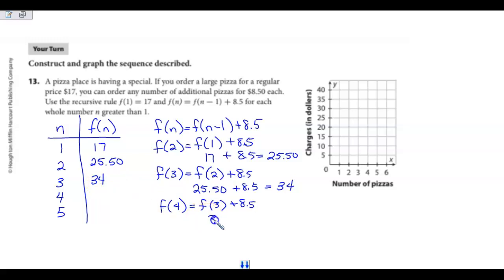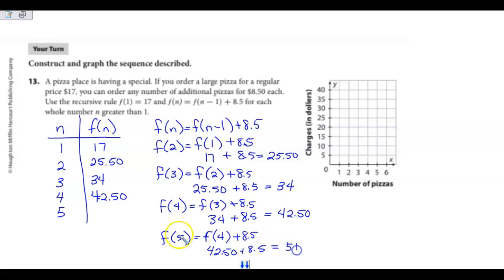Our third term was 34 plus $8.50. And we're going to get $42.50. And then our last term, which is the fifth term, 5 minus 1 is 4. And that was $42.50 plus $8.50. And that's going to give us $51.